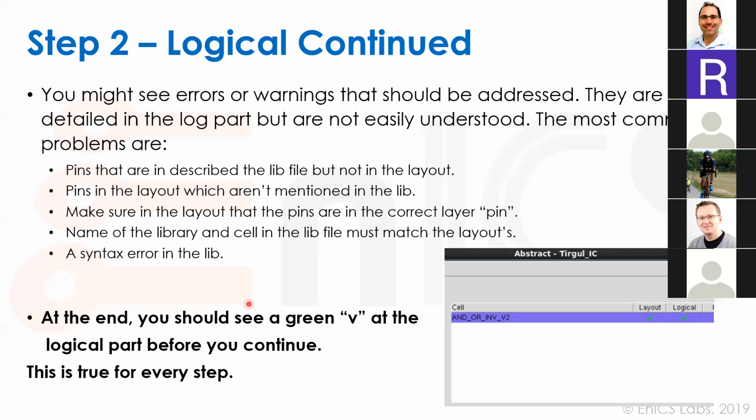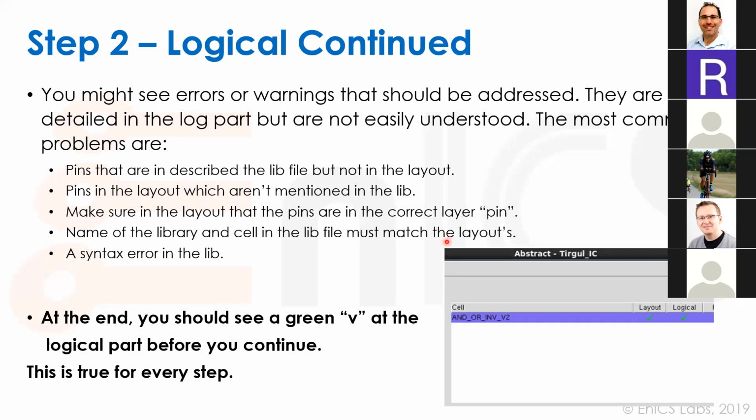Yeah, exactly. There's another stage after this, which is the pins, but here it makes sure that every pin you wrote in your lib file also appears in the layout, because they have to match the lib file and the LEF. So here I wrote about the most common problems that happen when you don't get this green V on the logical step.